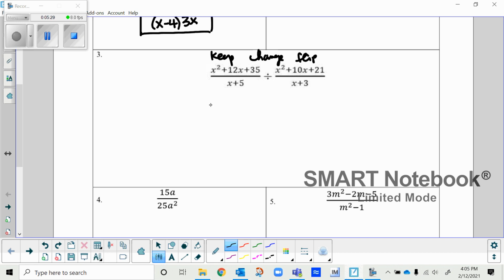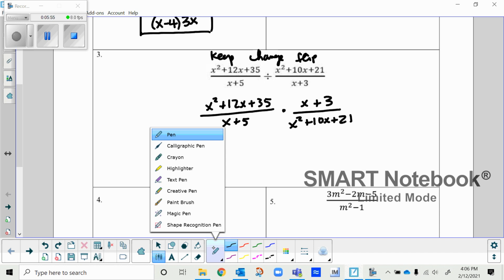So this becomes x squared plus 12x plus 35 over x plus 5 times x plus 3 over x squared plus 10x plus 21. So we factor anywhere that we can, and here are the places we can't.